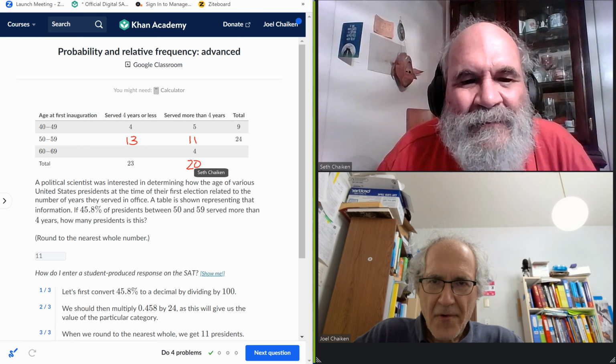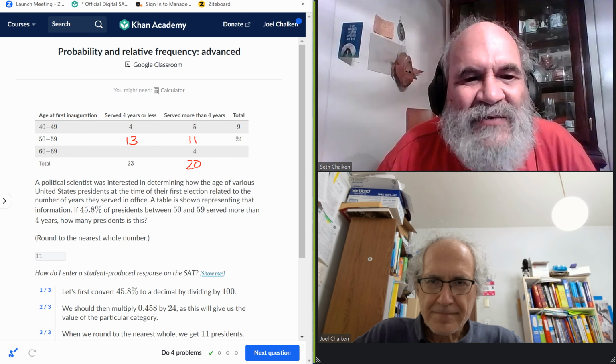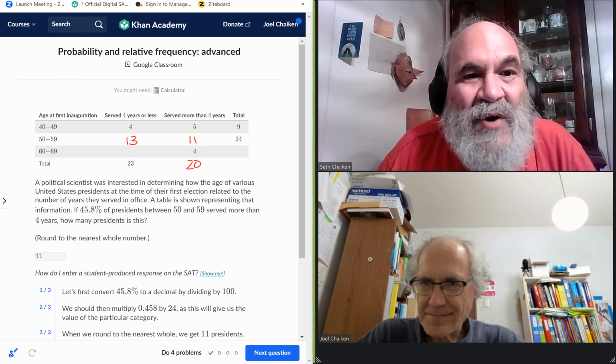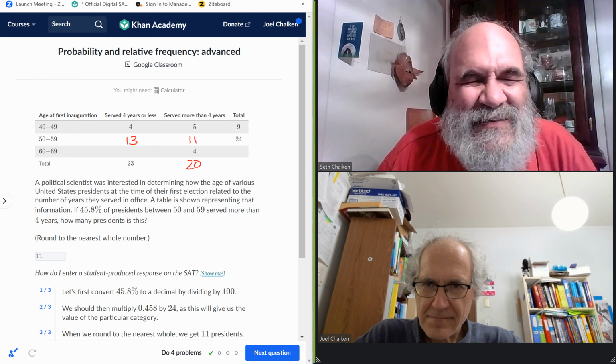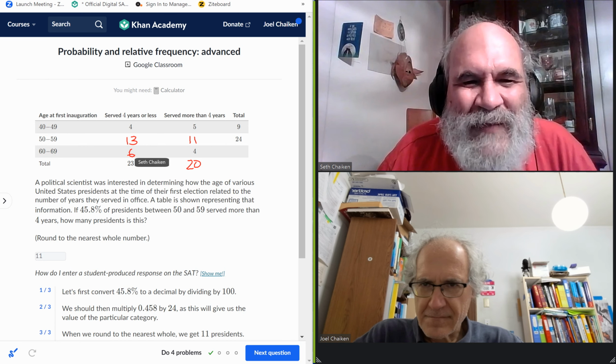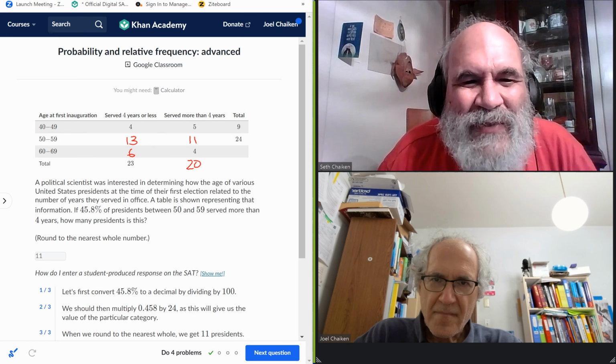We could fill in 20 here. Now, since we're given the column marginal for 4 and 13, we could figure out that there's 6 here, and then 6 plus 4, we could figure out this.